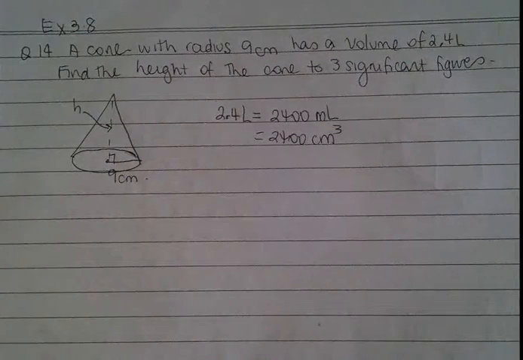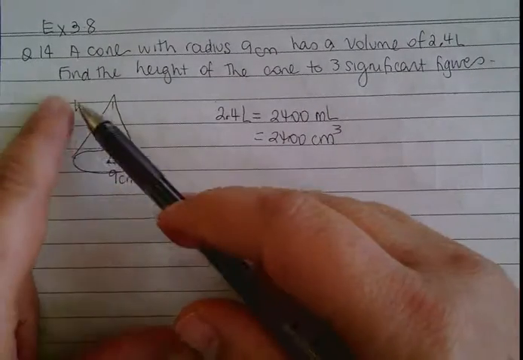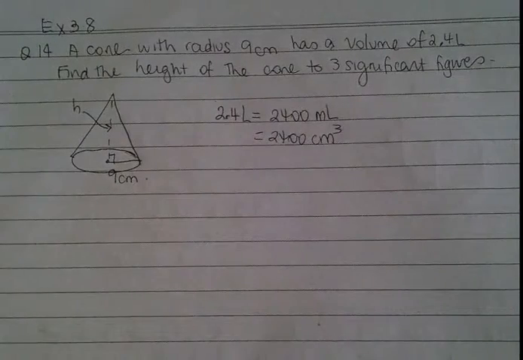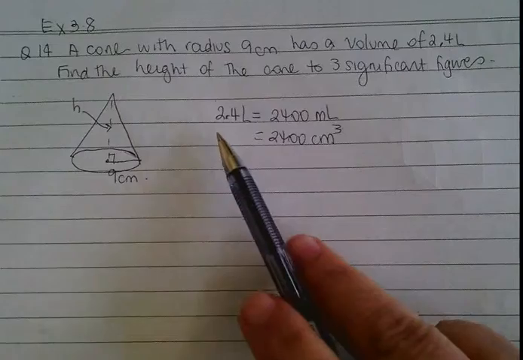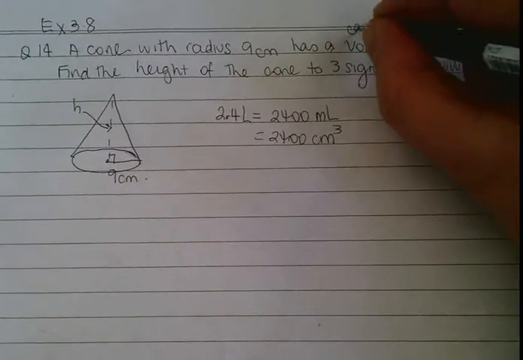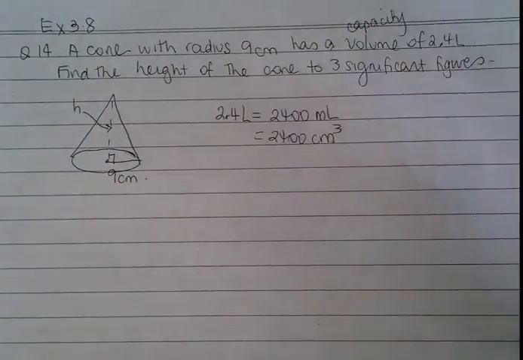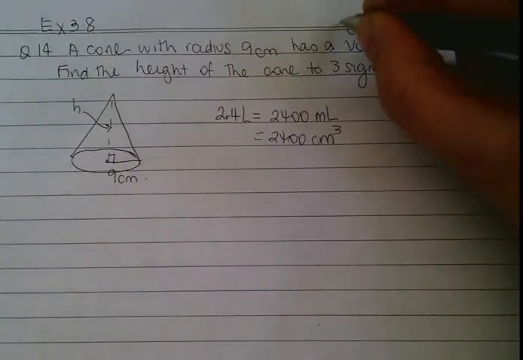Now the volume is in the correct units. The height is going to be in centimeters, so you expect your volume to be in centimeters cubed. I gave you the capacity. It says volume, but it's really a capacity, though the words are often used interchangeably.